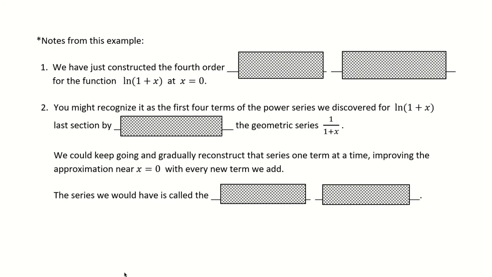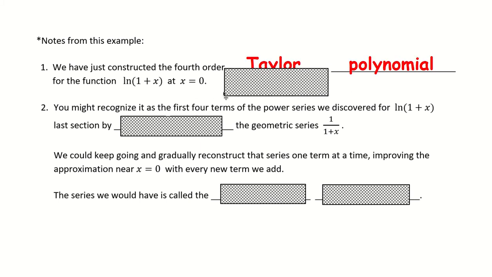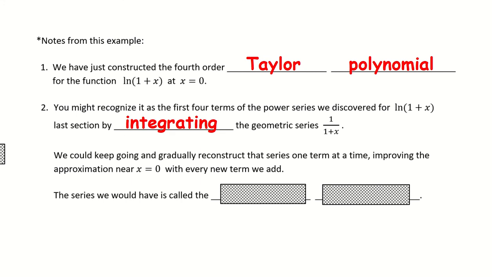So, some follow-up, some notes. We have just constructed the 4th order Taylor polynomial for this function at x equals 0. You may recognize it as the first 4 terms of the power series we discovered for the natural log of 1 plus x last section by integrating this geometric series, okay?